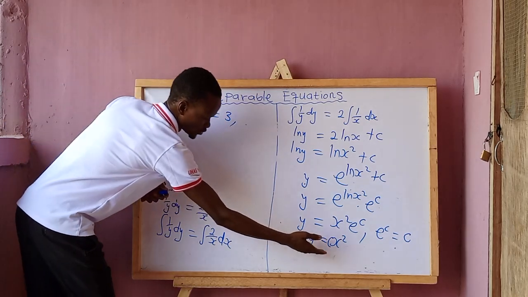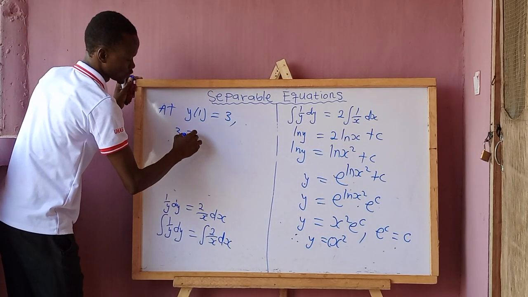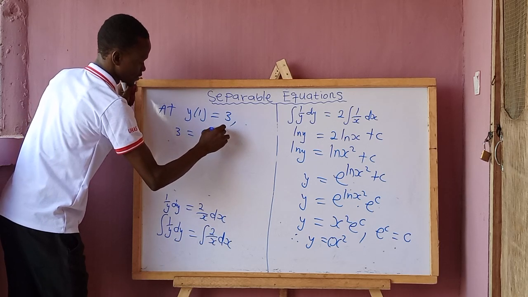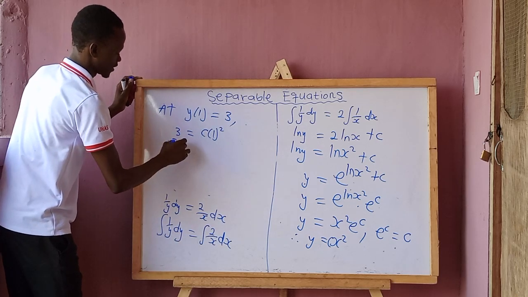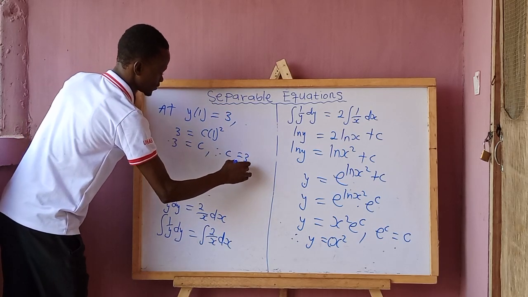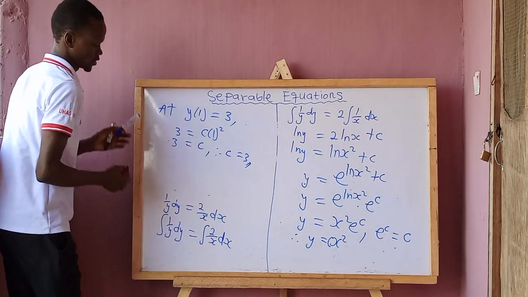So putting it into the general solution, we are going to have 3 equal to C1 squared, and we are going to have 3 equal to C. So the value of C is 3. So we put C as 3 back into the general solution.